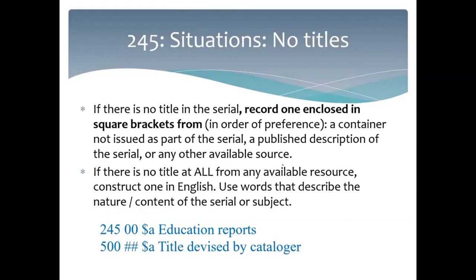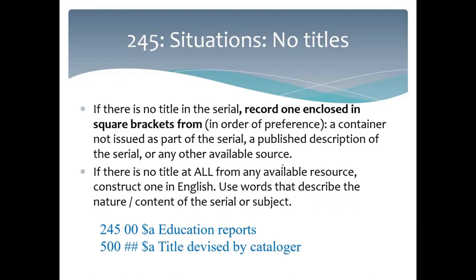No titles. If there's no title in the serial, you're going to record one enclosed in square brackets. And there's a whole list of what you're going to record. If there's no title in the serial, but you can find it elsewhere, and this can even be going to the publisher's website, for those of you doing original cataloging, once you wander away from your resource, you can find information all over the place about some of these resources.